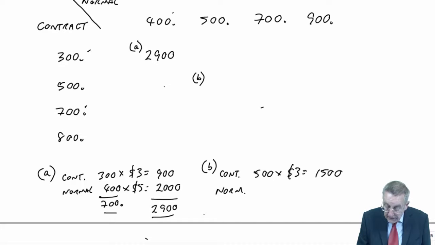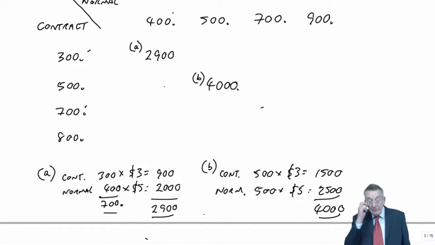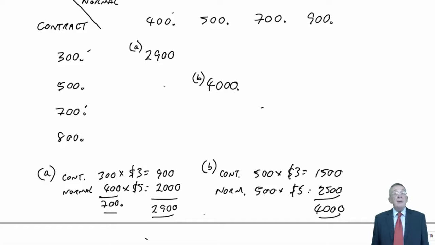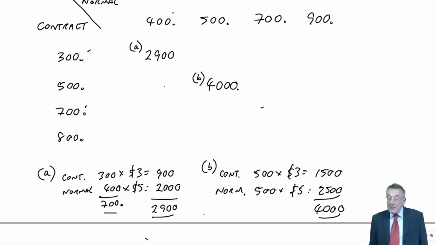Normal customers, they want 500 as well. They make $5 profit. So total 4,000. I said it a moment ago, it's very repetitive. Once we get into it, it becomes speedy.